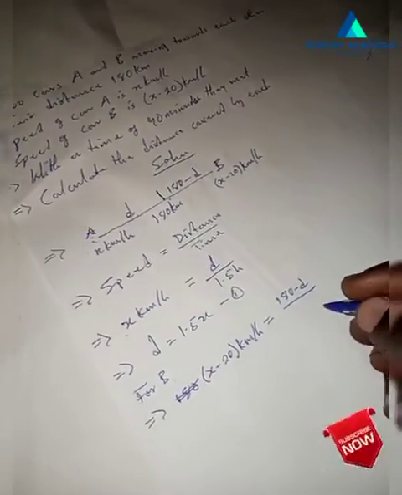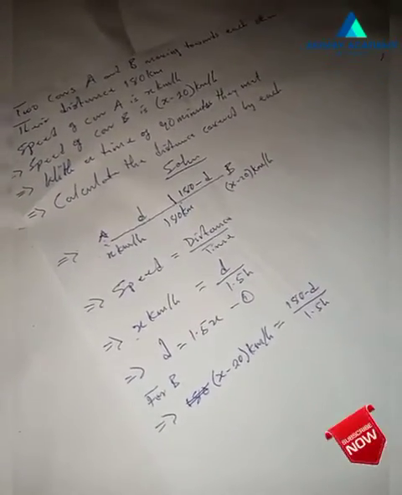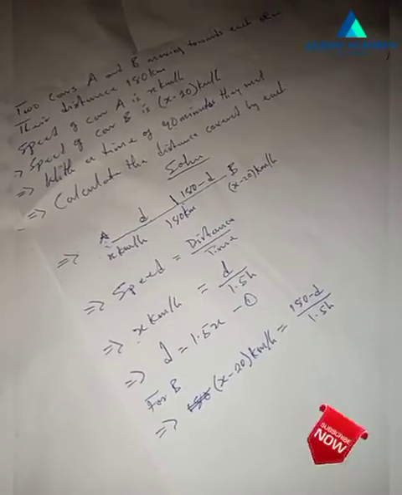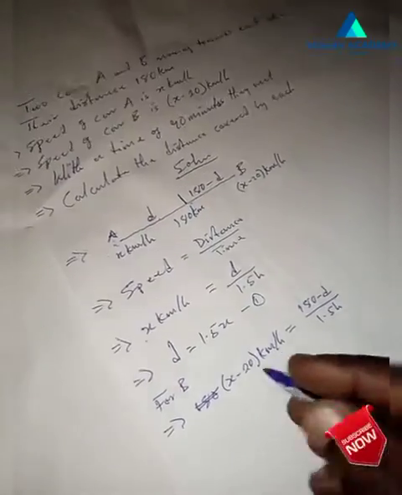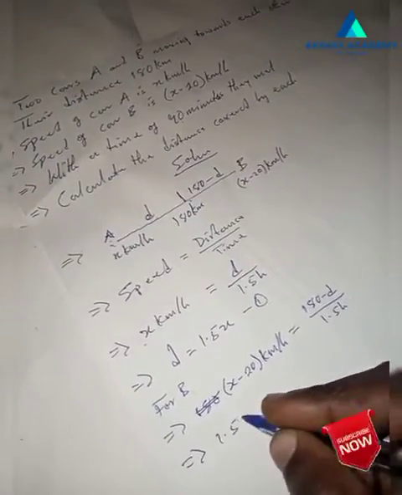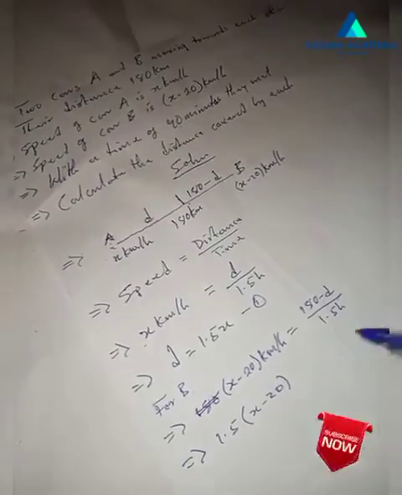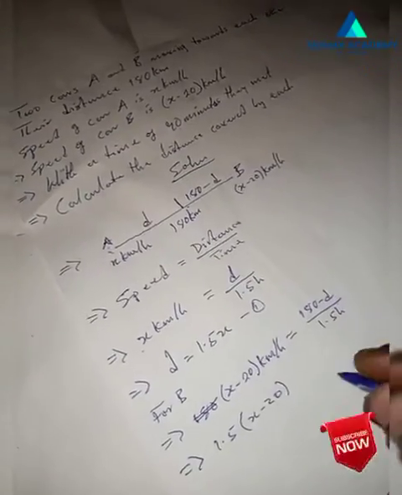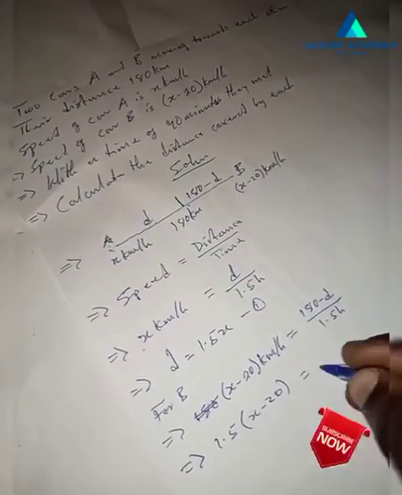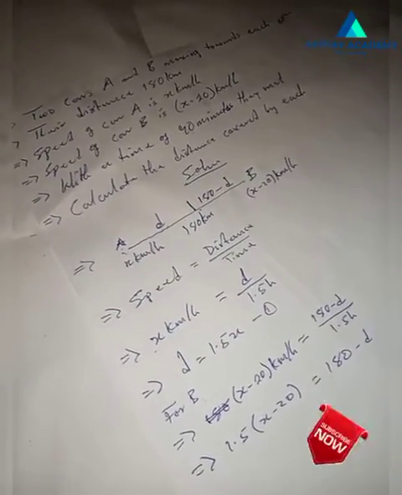They all used the same time, since they were timed together, so 1.5 hours. When we do the cross multiplication, we have 1.5 multiplying x minus 20 kilometers, the hours cancel, equals 180 minus D. I hope you can see that.